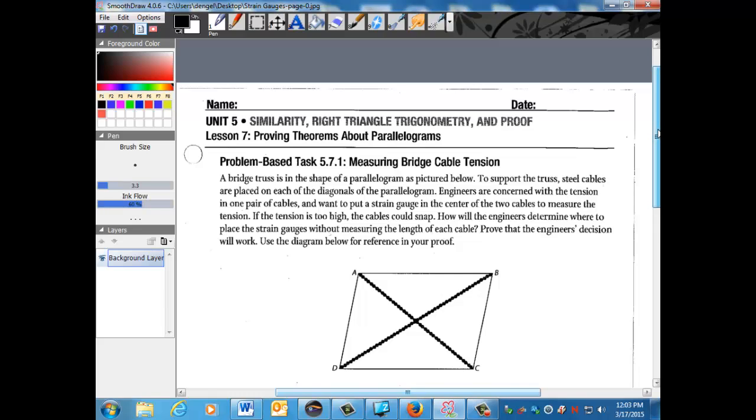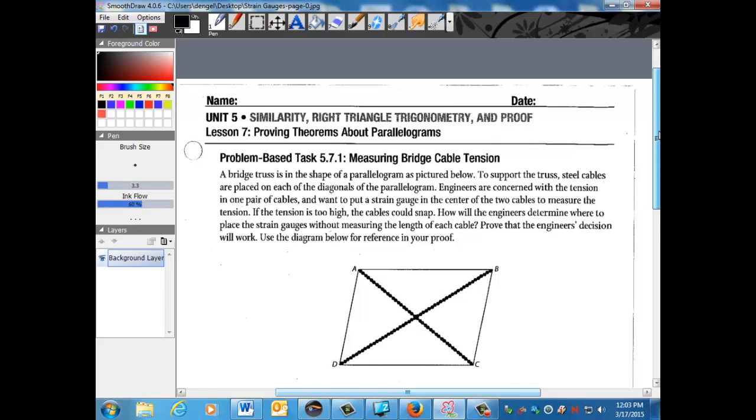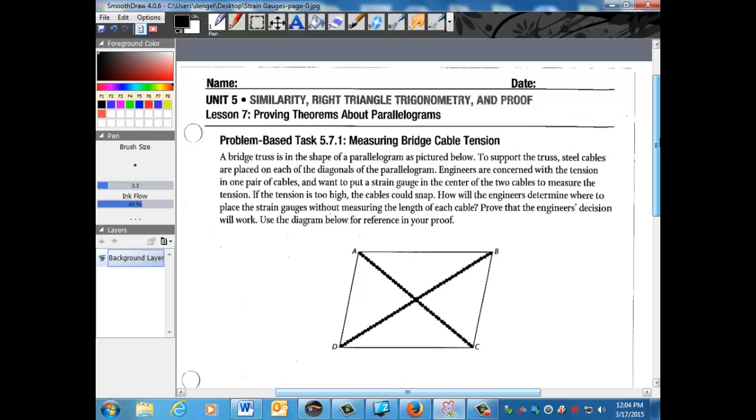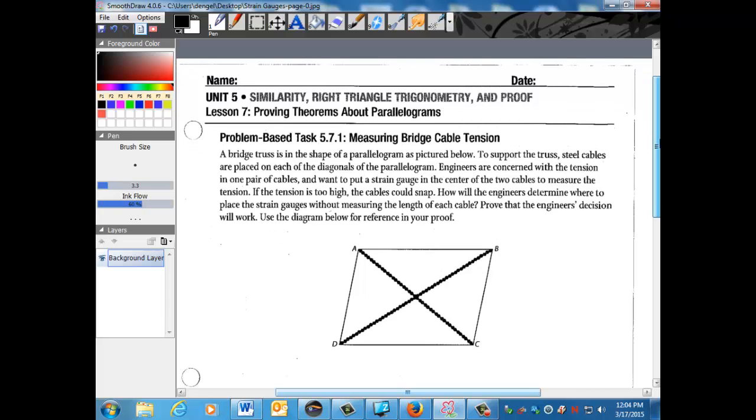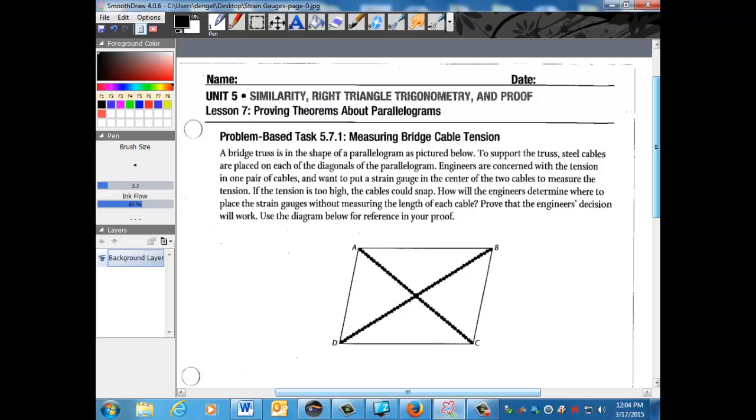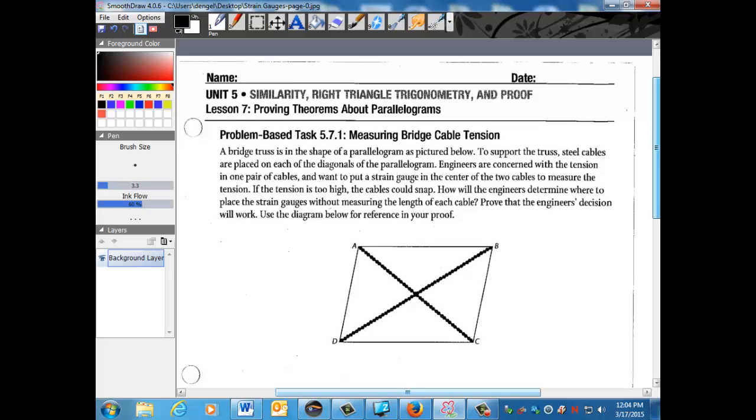Welcome back to Geometry. We're going to take a look at a problem out of our new Common Core book, and this is a problem-based task. What the book tries to do, which I applaud them for their efforts, is take a problem or a concept that we're working on in geometry.